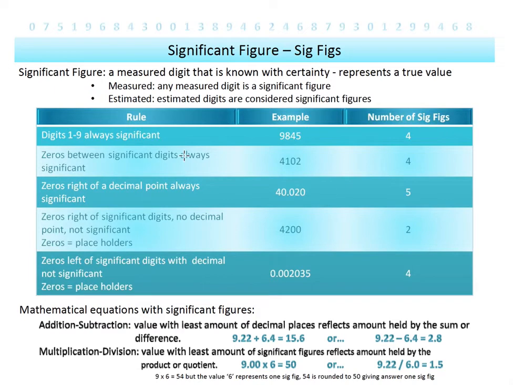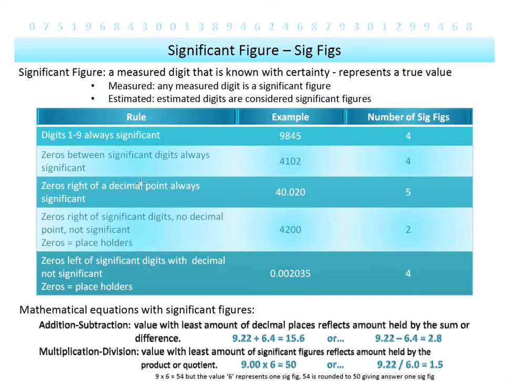Zeros between the digits mean they were measured, but it came out to be 0. Your book calls them captured zeros or captive zeros. Same thing as zeros in the middle. So 4,102 also has 4 significant figures. Then decimal places determine significant figures for everything else with a 0.